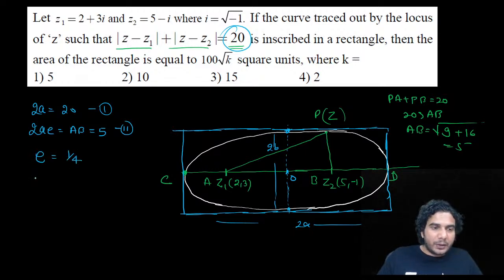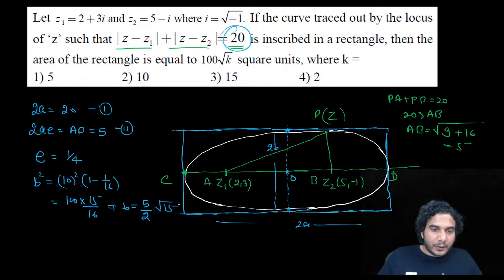Now we can write B also because we need B also. So B square is equal to A square, so A is 10, so 10 square into 1 minus E square. So 1 upon 16. So you'll get 10 square, 100, into 15 upon 16, and you'll get B from this. So B is going to be 10 by 4 under root of 15, so 5 by 2 root 15.